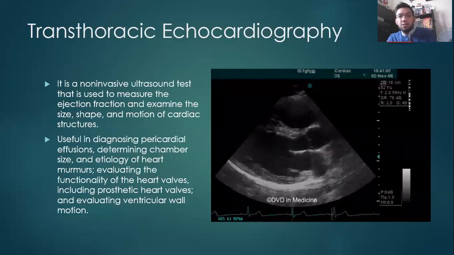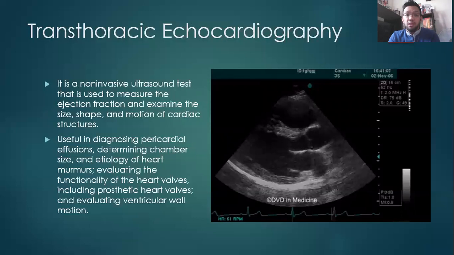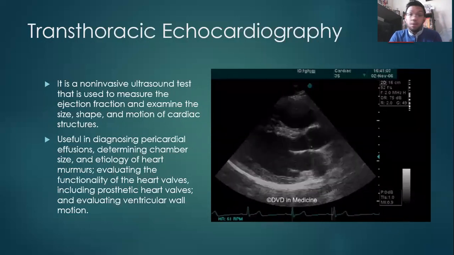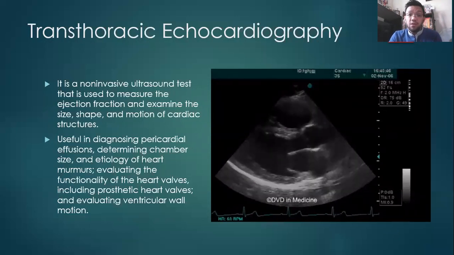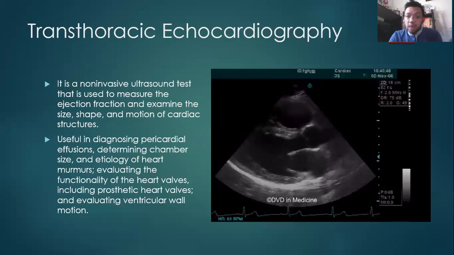And this one is useful in diagnosing pericardial effusions, which we will discuss further on in this subject, determining chamber sizes as well, and the etiology of heart murmurs, such as evaluating the functionality of the heart valves, including prosthetic heart valves if the patient has undergone a surgery wherein they have implanted a prosthetic heart valve, and evaluating ventricular wall motion as well.